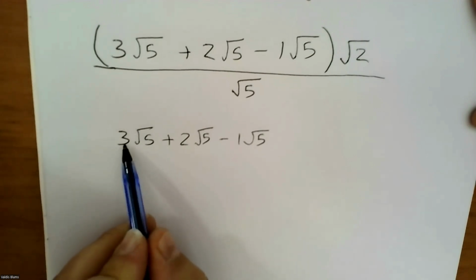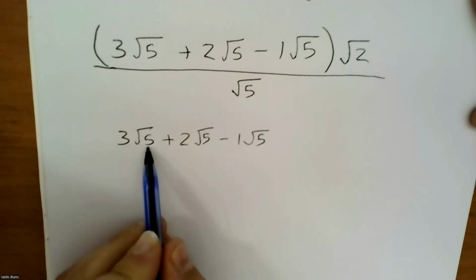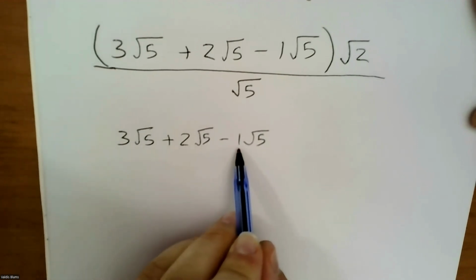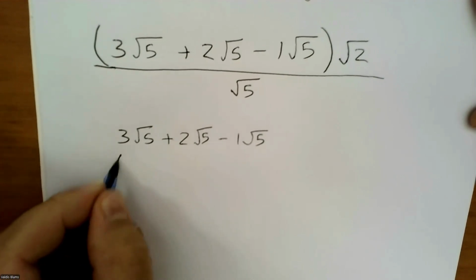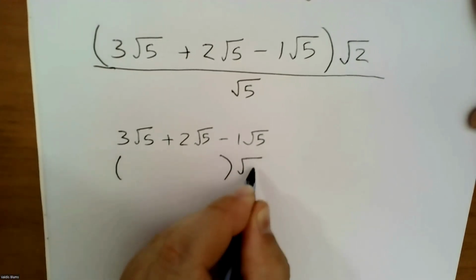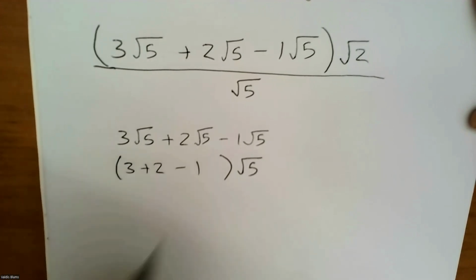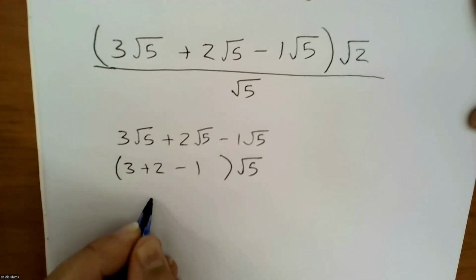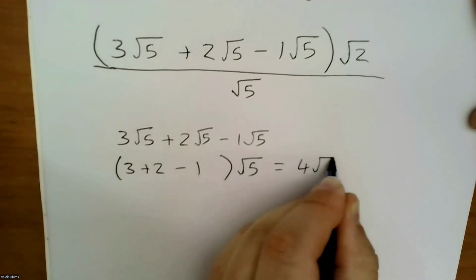Because we have the same component in each term, it's kind of like saying I have 3 apples plus 2 apples and I'm minusing 1 additional apple. How would we do that mathematically? Well, we would factorize out that square root 5 and then we'd write it as 3 plus 2 minus 1. So we have that section equal to 4 square root 5.